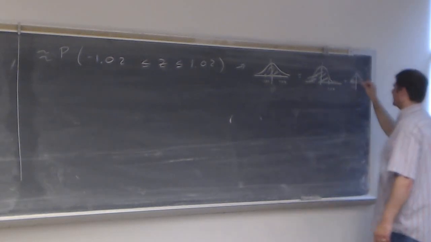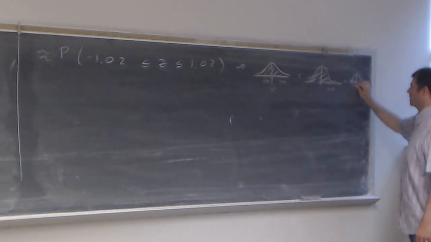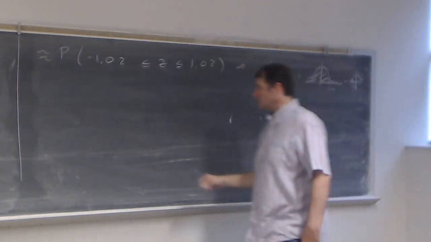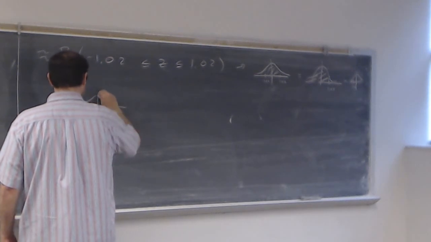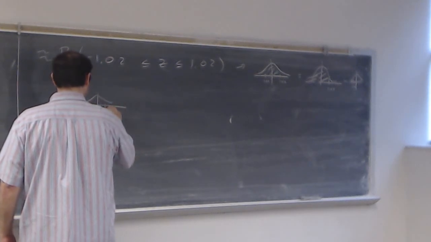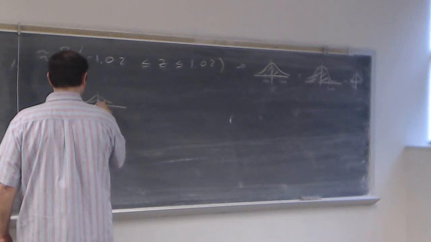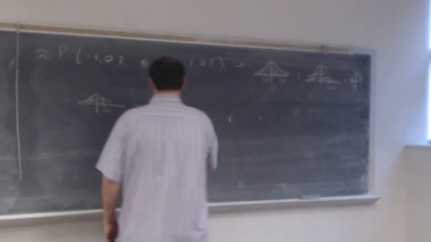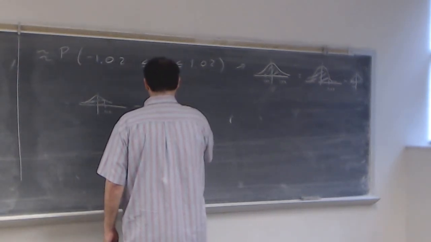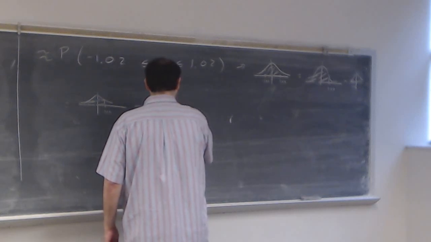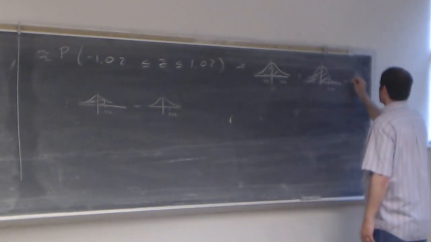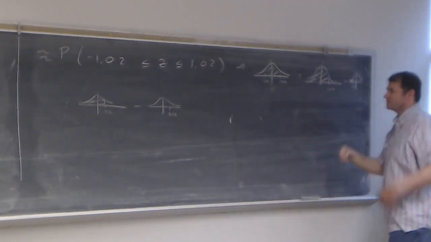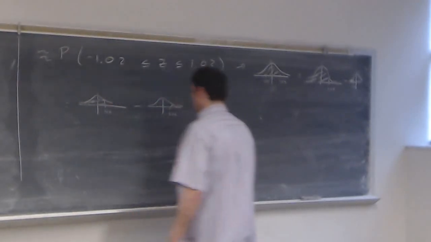But we don't have the negatives listed in charts normally in the book. But due to symmetry, here's what we can say. This is the same thing as this part. Minus, due to symmetry, the part here that's less than minus 1.02 to the left of it is the same as the part to the right of positive 1.02.